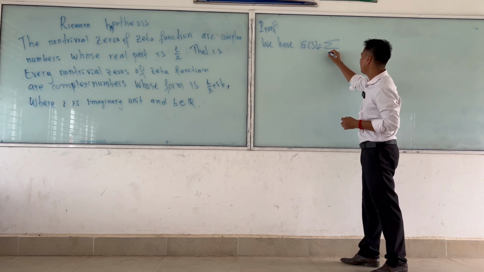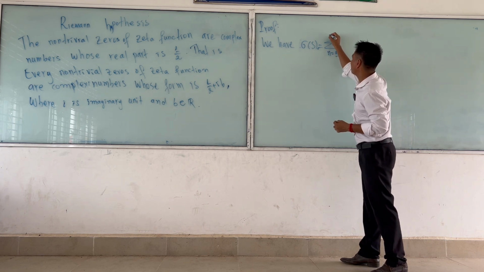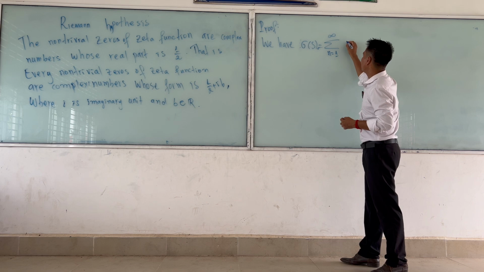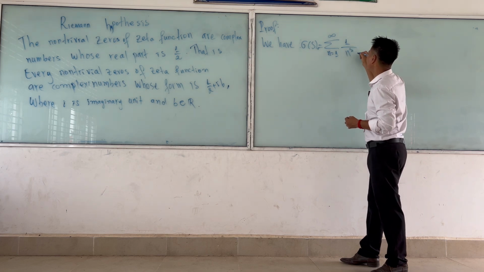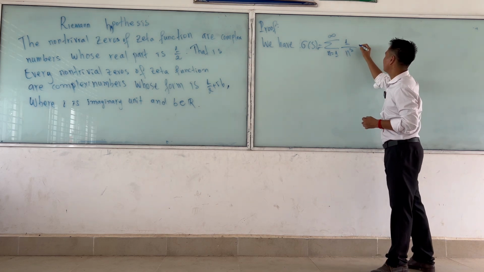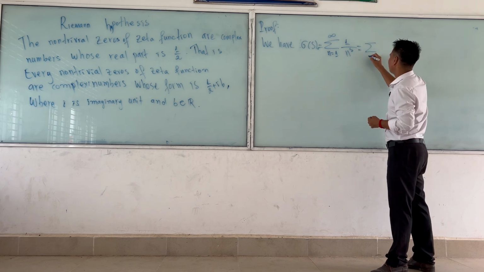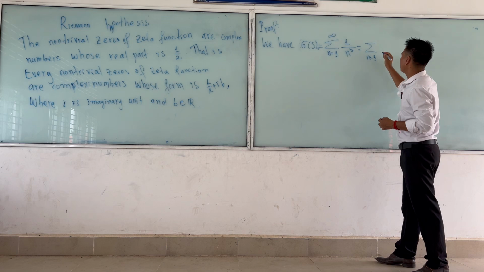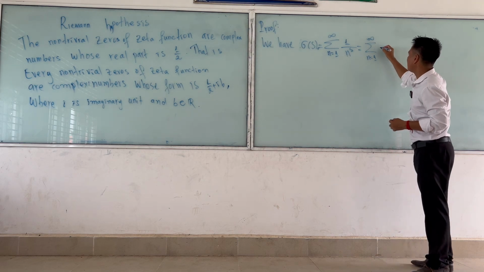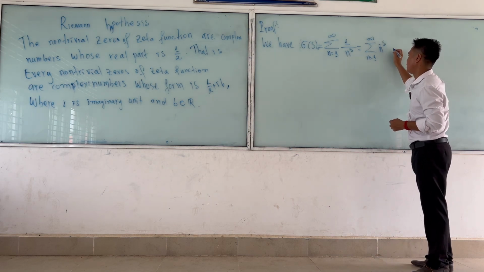The sum n from 1 to plus infinity, 1 over n power s, all equal to the sum n equal to 1 to infinity n power negative s.